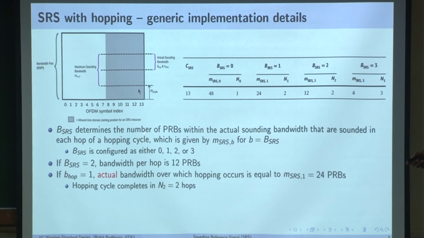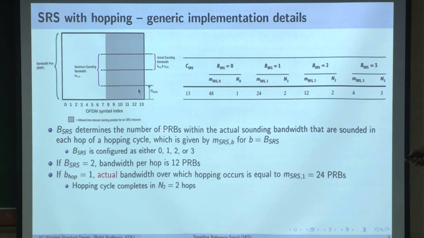What is BSRS defining? It defines the number of PRBs within the actual bandwidth, this is 24, that are sounded in each hop of a hopping cycle. So the actual bandwidth is 24, hopping bandwidth is 12, which is set by choosing BSRS as 2.